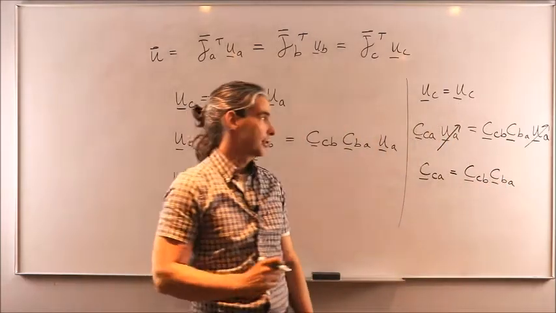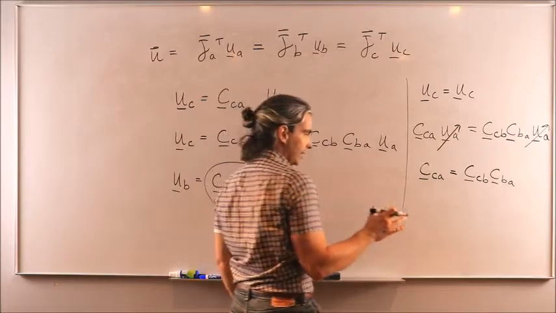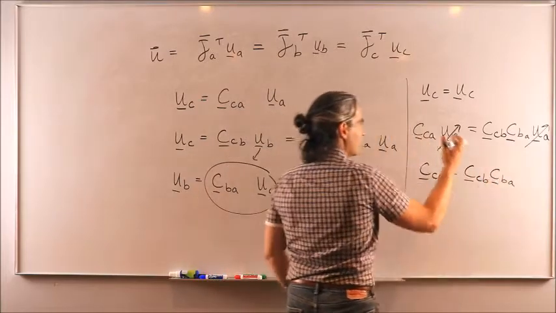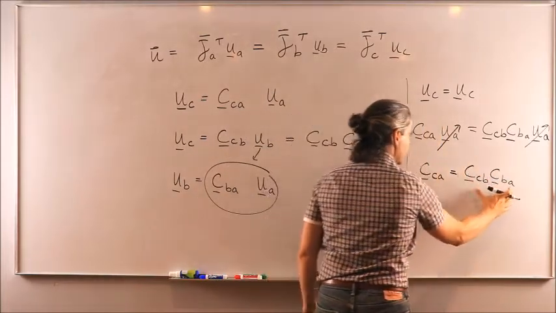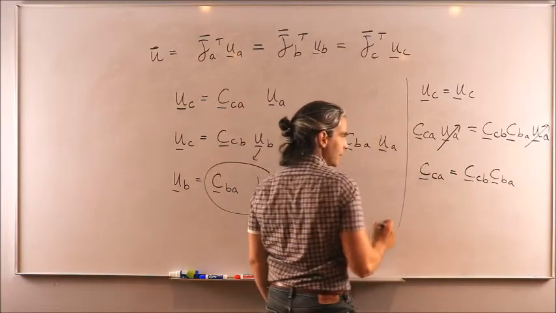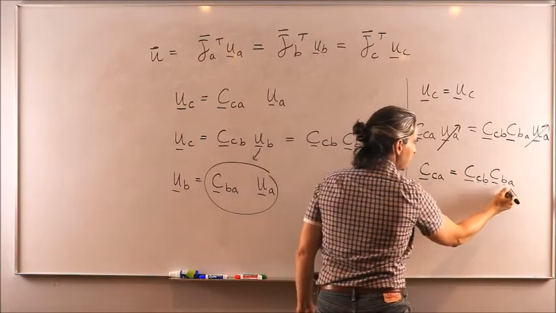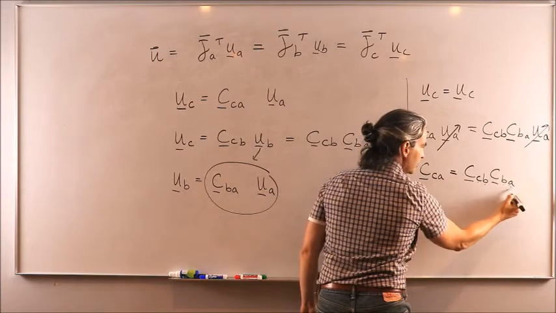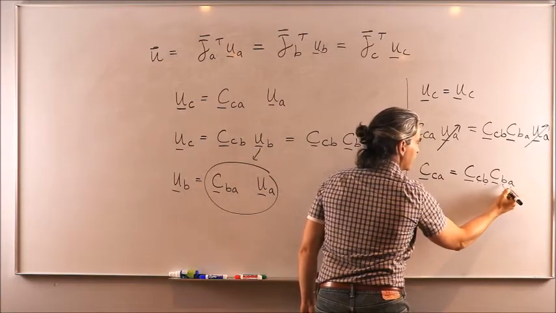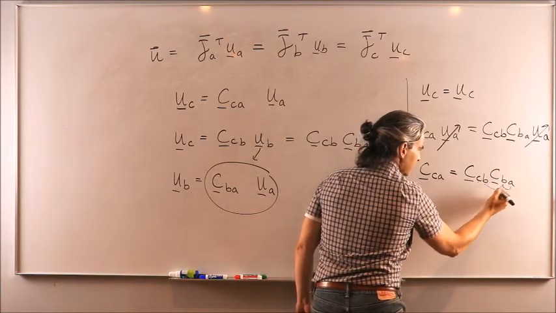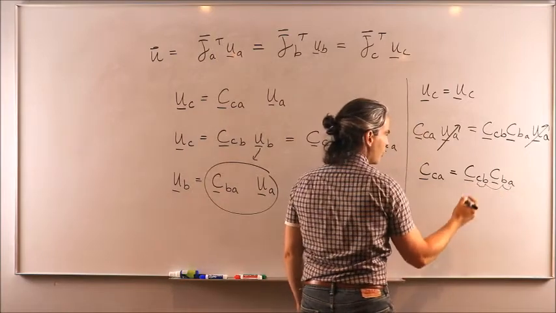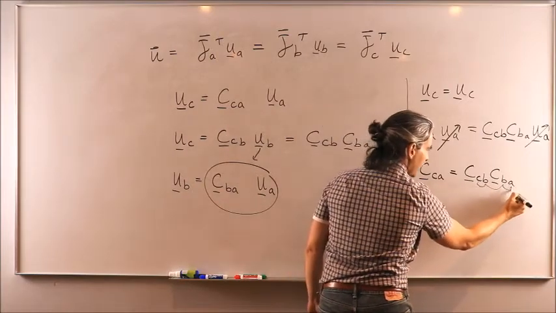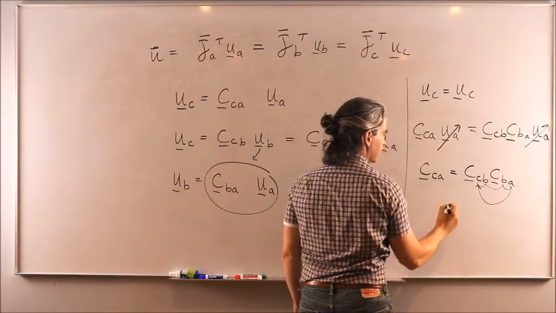Very powerful result right there, because that shows you that you can concatenate rotation matrices together just by looking at their subscripts, right? You have CB, BA. In other words, go from A to B, and then B to C. Or this is the same thing as saying that you go from A directly to C, right?